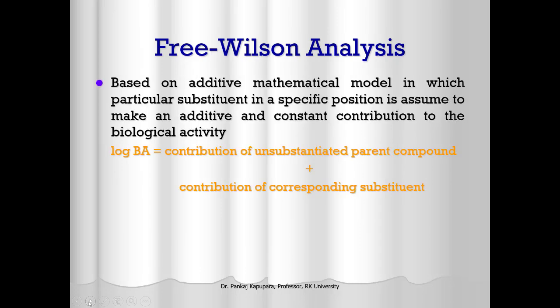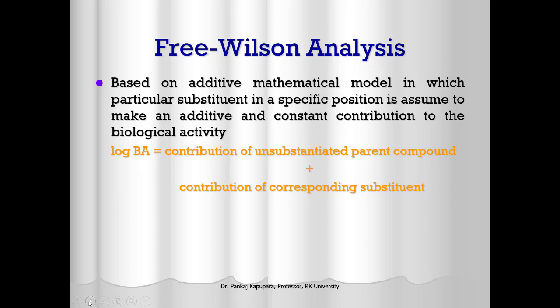Another method is the Free-Wilson analysis method, which is based on an additive mathematical model in which a particular substituent in a position is assumed to make an additive and constant contribution to the biological activity. Here there is one mathematical equation, but it somehow differs from the Hansch method.